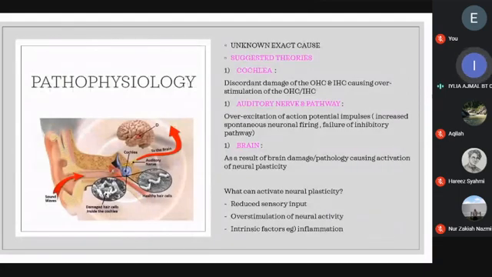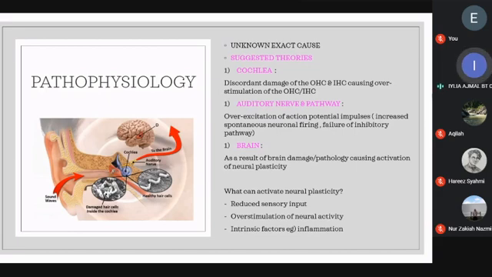So there are several theories as to why tinnitus can happen. There are theories of the pathophysiology. The exact cause is still not known, but there are suggested theories. They said that there might be issues in the cochlea, so any damage in the cochlea can cause tinnitus formation, or any damage along the auditory nerve and the auditory pathway can also cause overexcitation of the excitatory impulse that can cause tinnitus formation.